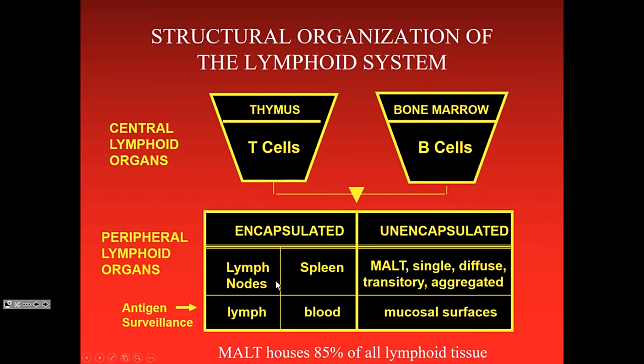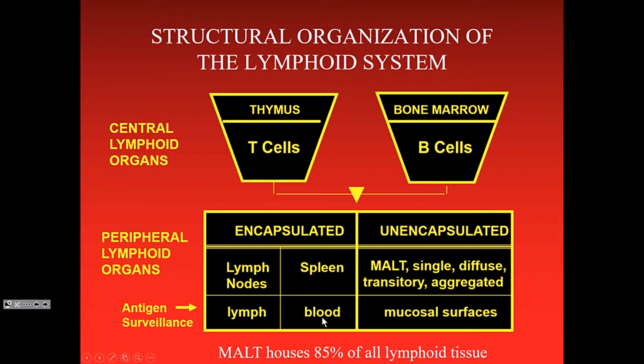And the function of all of these is antigen surveillance. So in the unencapsulated tissue, we have antigen surveillance of the mucosal surfaces, the lining of the GI tract, respiratory tract, reproductive tract. And in the encapsulated organs like lymph nodes and spleen, lymph nodes filter the lymph, the spleen filters the blood.